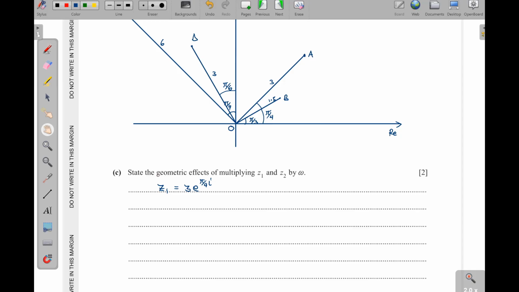Then omega z1 is actually equal to 6e^(i3π/4). Now, let's also look at z2, which is equal to 3/2 e^(iπ/6). Then we have omega z2, which is equal to 3e^(i2π/3).